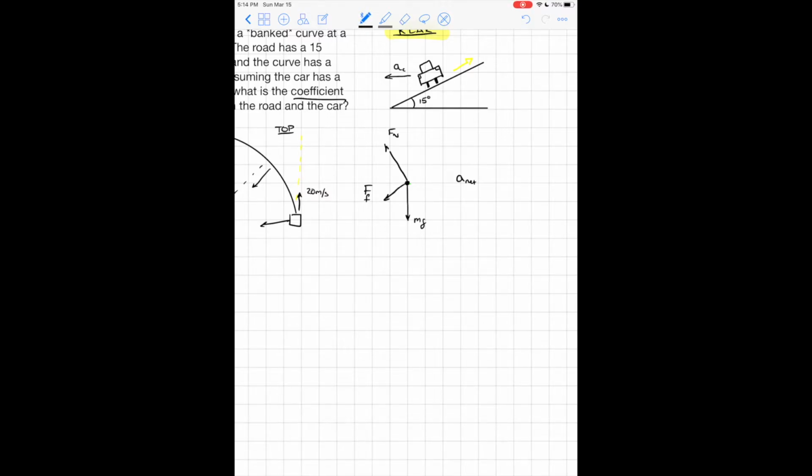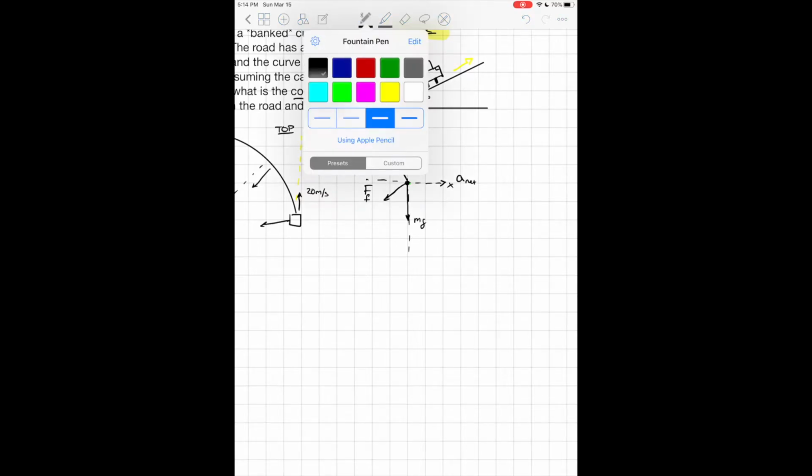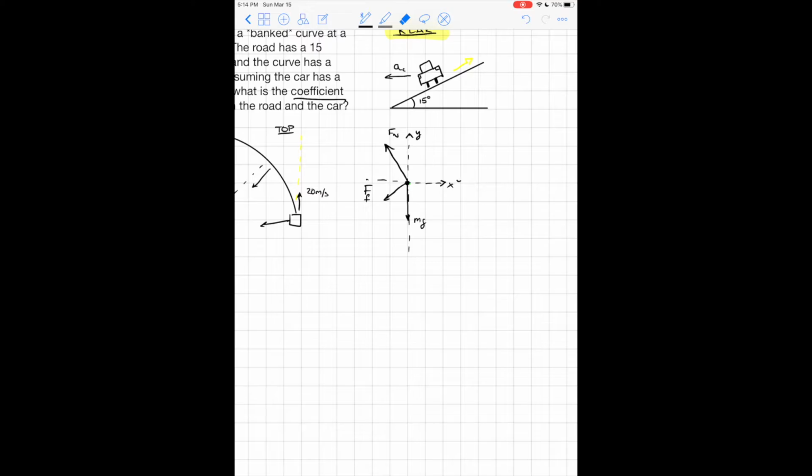So let's touch up our free body diagram again. Instead, I actually do need to keep the regular x and y axes. As much of a pain as this is going to be, as we just figured out, a centripetal is only in the x direction. Ugh.